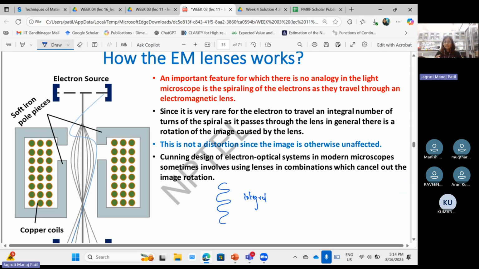If it does not end up as an even number of turns, if it sometimes ends up as an odd number of turns, because of technical issues with the lens placement and the size of the aperture, sometimes our image is rotated. So some features that we want to look into in the image will also get rotated. That's why we say this is not a distortion effect, and our image is otherwise unaffected, but you'll have to account for some combinations through which you can cancel out these effects.